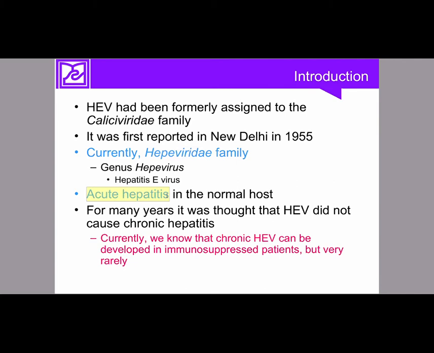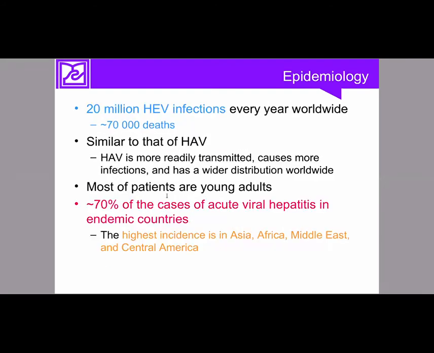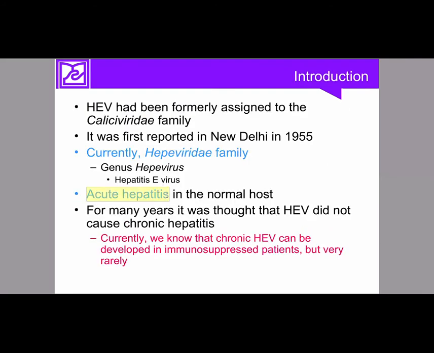This acute hepatitis is very similar to acute hepatitis A. Very, very similar. They don't cause chronic disease, except, as I told you before, except in immunocompromised people. Some immunocompromised people may develop chronic hepatitis E, but this is not common. This is very rare.